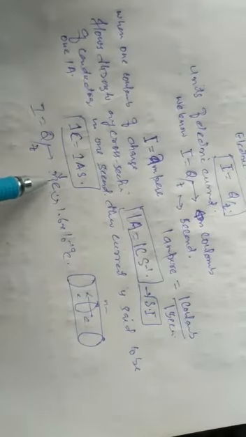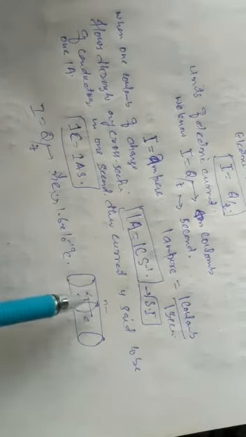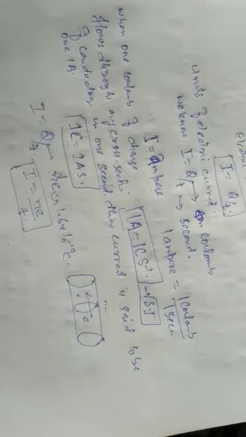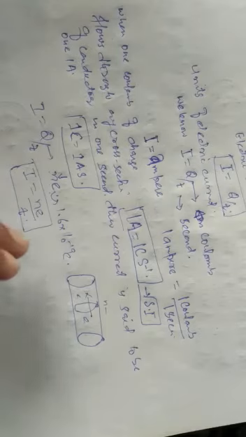Once there are n electrons flowing through a cross section of a conductor, then I equals n e by T. This is how we can define current in terms of electrons. If it is given that 10 electrons flow through a cross section of a conductor in 1 second or 10 minutes, whatsoever, you can calculate the current like this: I is equal to n e by T.